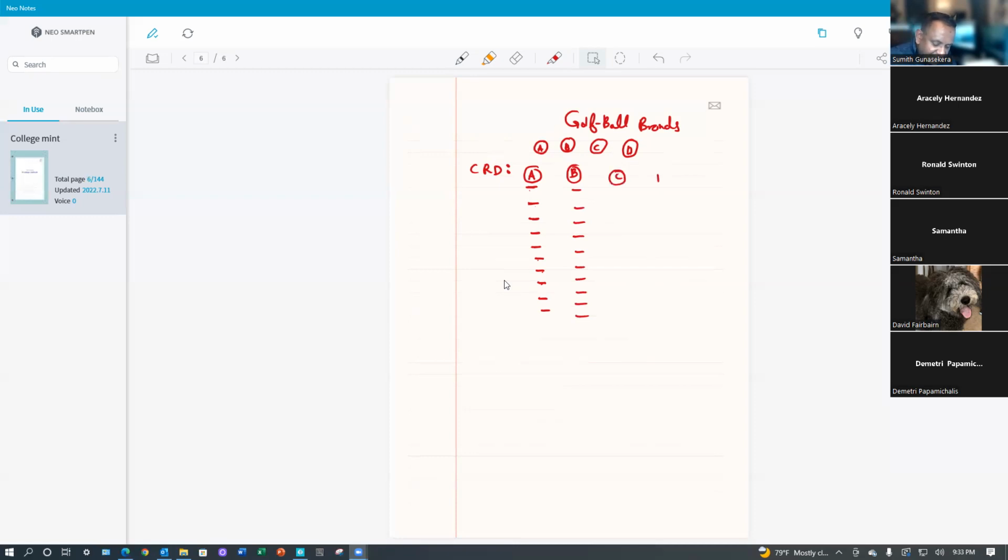For D, we do the same thing: 1 through 10, 1 through 10, 1 through 10, like that. The readings are the distances. Your y is the distance.